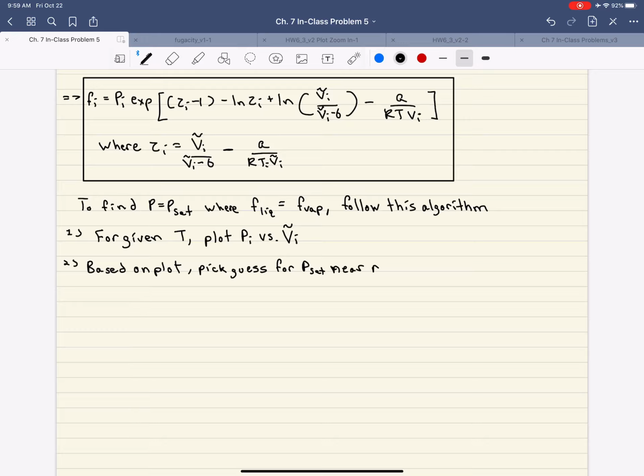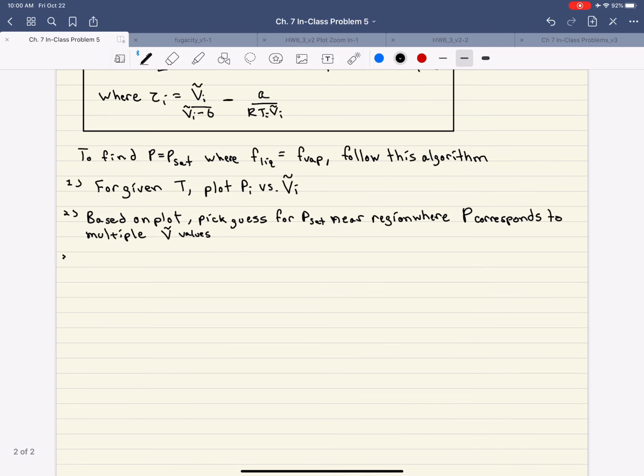Once again, that's going to be in the region of the plot where P corresponds to multiple volume values. Okay. Once you pick a pressure guess, you want to calculate the volume roots.